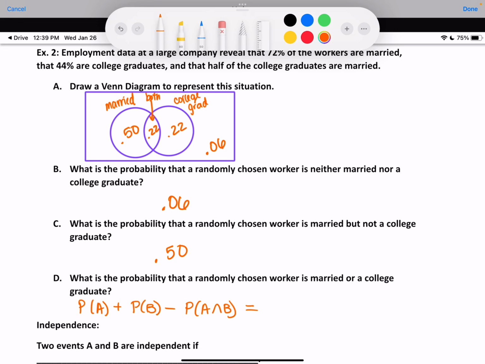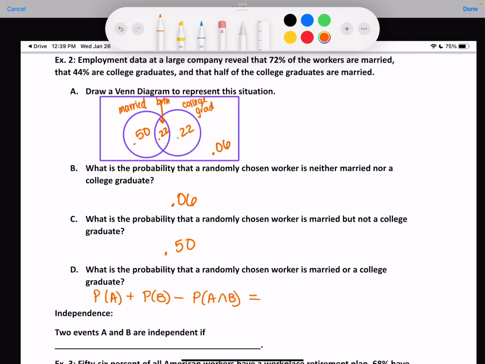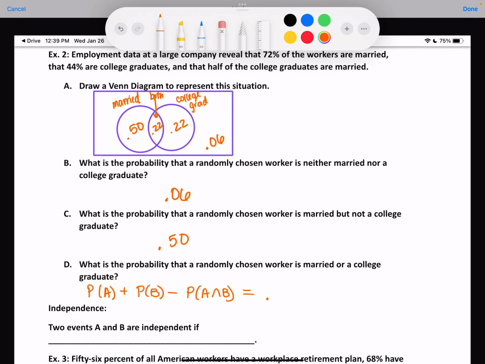So the probability of A, let's just say that A is married. Probability of A is 0.72 plus the probability of B, college graduates, is 0.44. We're just doing the probability of married.